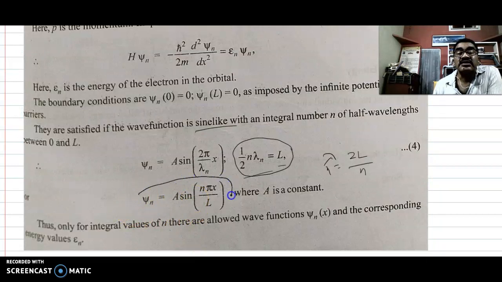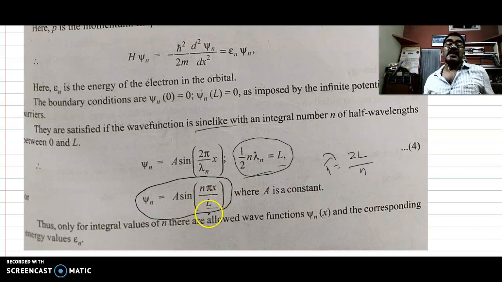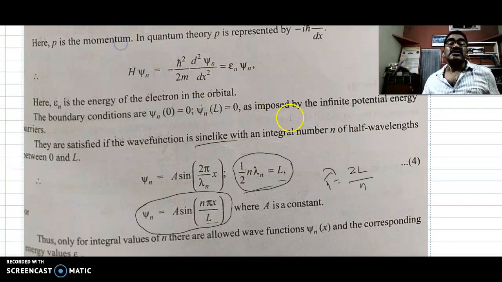The wave function is equal to A sine n pi x by l. By putting this wave function in this equation, we will get some values.